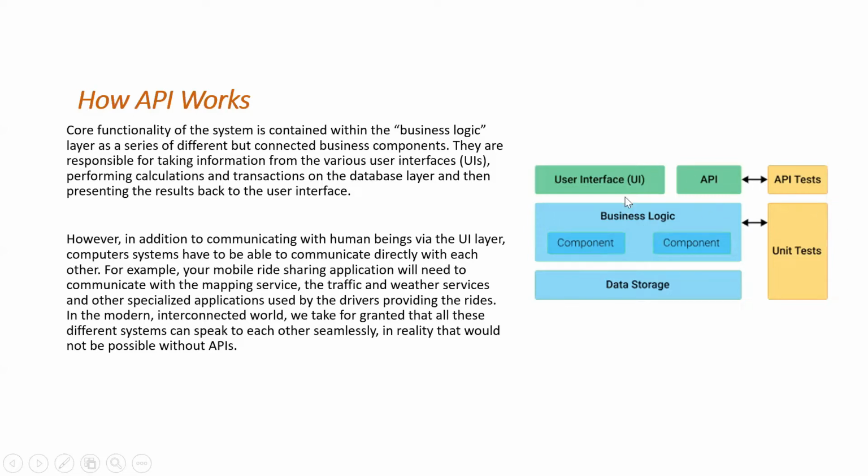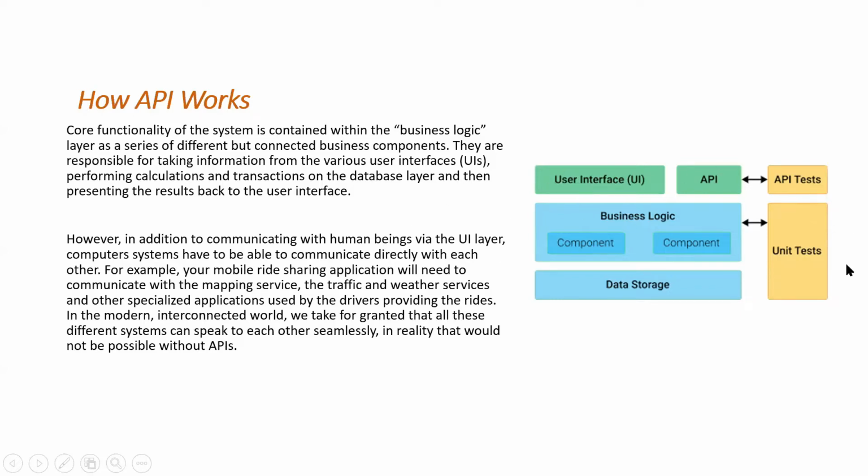Let's say I'm saying, okay, I want to travel today and my destination is India. So what will happen? I will enter all of my criteria or requirements at the user interface. This user interface will go to the business logic and will talk to all the flights: British Airways, Air India, KLM.